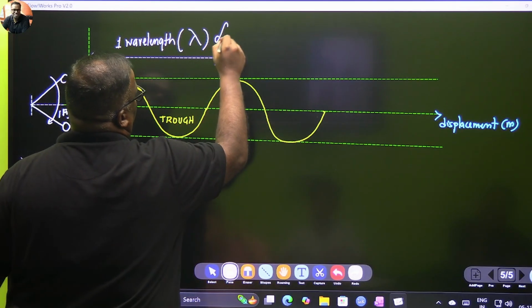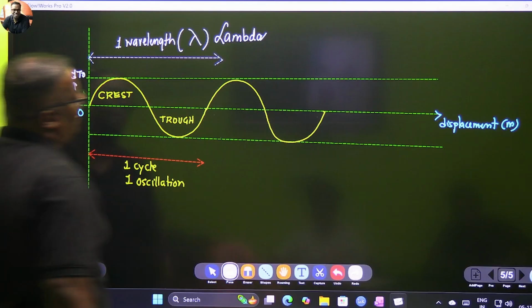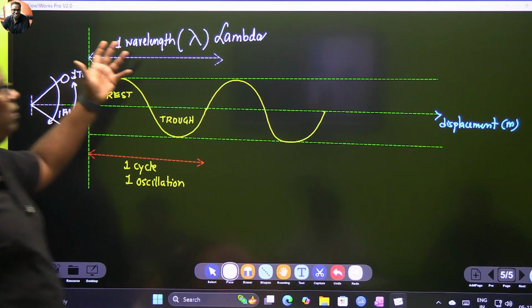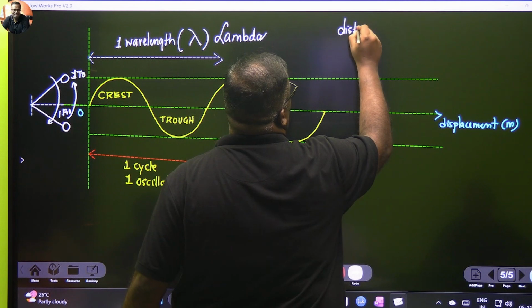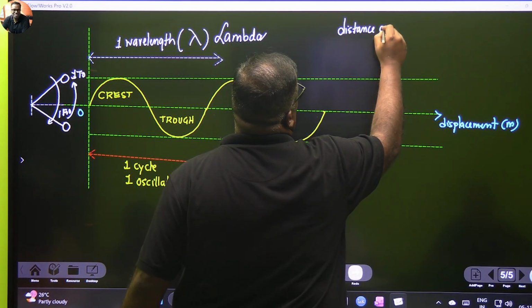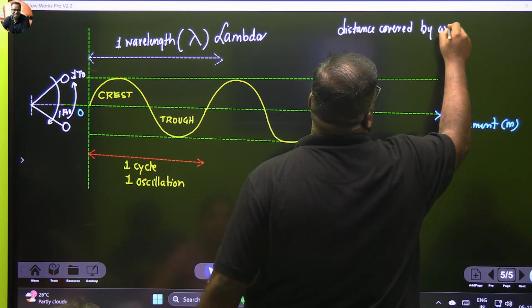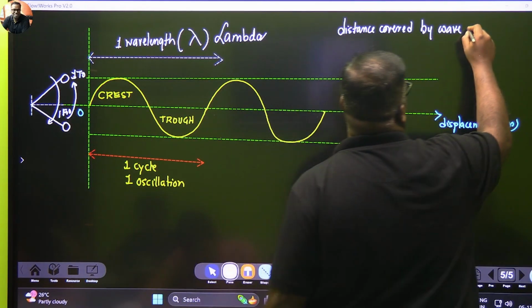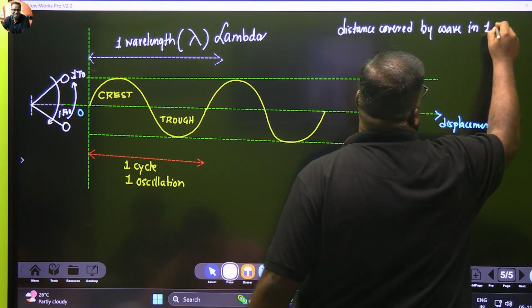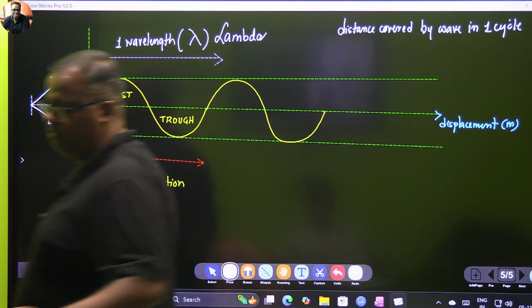This letter is pronounced lambda. So what is wavelength? Wavelength is the distance covered by a wave in one cycle.